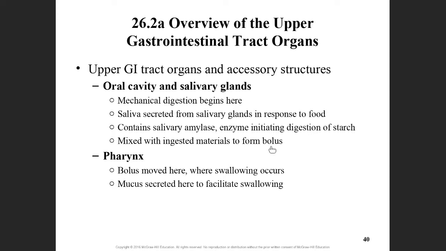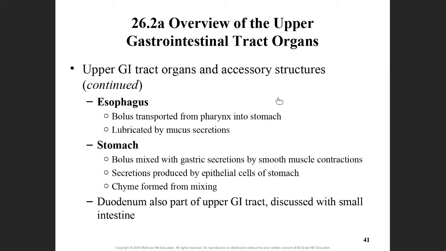The next part is called pharynx. The pharynx is a funnel-shaped tube which the bolus is moved into to go to the esophagus. Mucus is secreted in saliva and also in the superior part of the pharynx, so the bolus is lubricated enough to pass this tube and enter the next part, which we call esophagus.